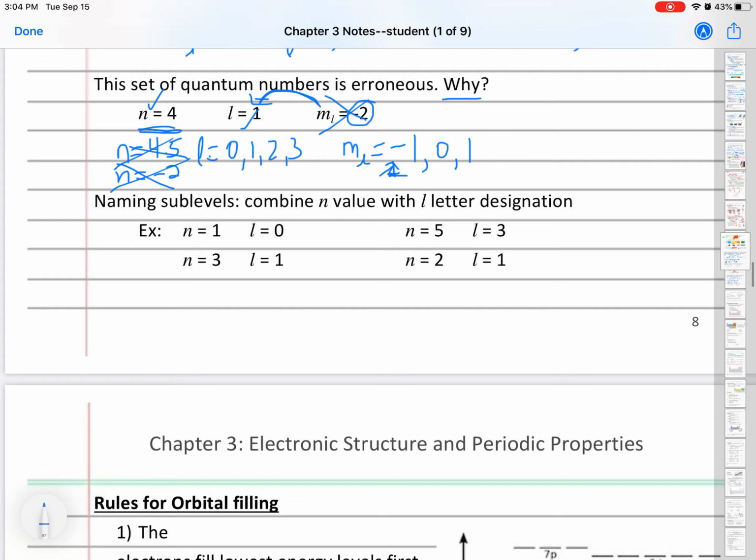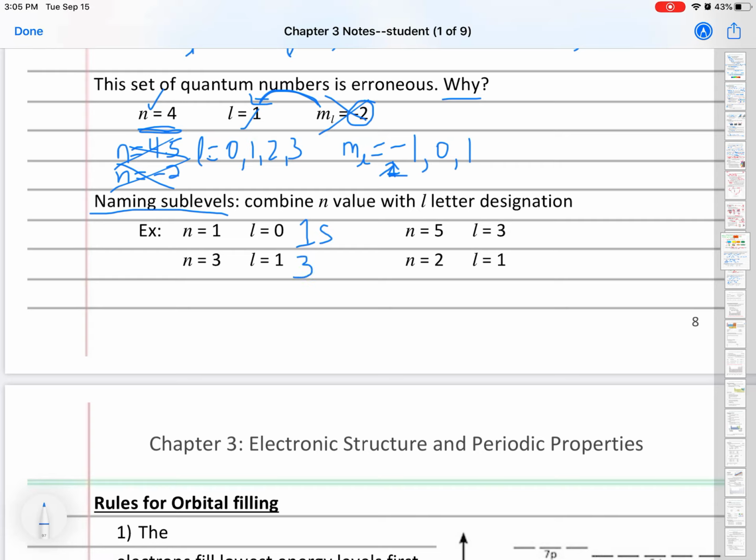We keep talking about these sublevels as having an L value, but also a letter value, and as we move on in this chapter, we're going to be using that letter value a lot. We can name sublevels by combining the N value with the L letter designation. An electron with an N of 1 and an L of 0 would be in a 1s orbital.